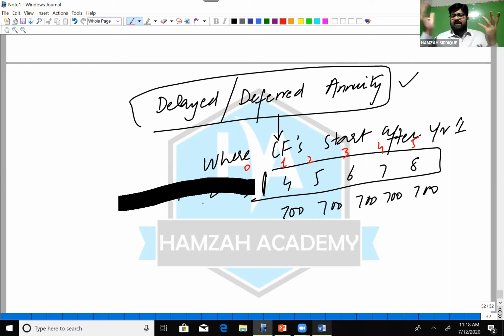So this is a simple annuity, if we forget that for the time being. For this, the formula is present value equals annual cash flow cross annuity factor. Simple.